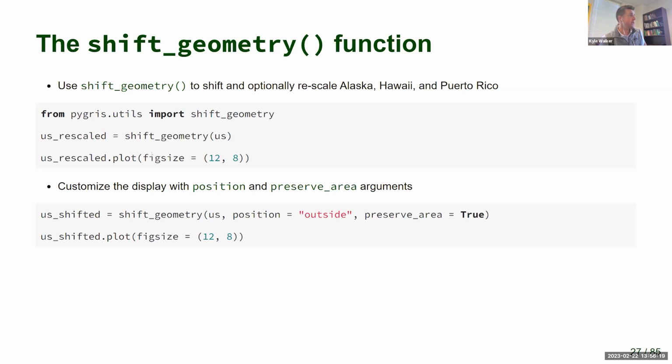What you can do is shift, so move the position of Alaska, Hawaii, and Puerto Rico to bring them closer to the continental US. And then you can optionally rescale it. That shrinks Alaska and inflates Hawaii and Puerto Rico. Or you can try to preserve the area to show Alaska as big as it's supposed to be. Those are customized with these position and preserve area arguments.